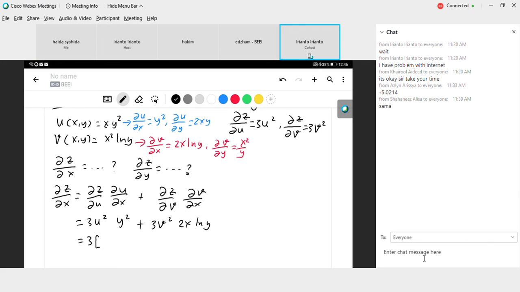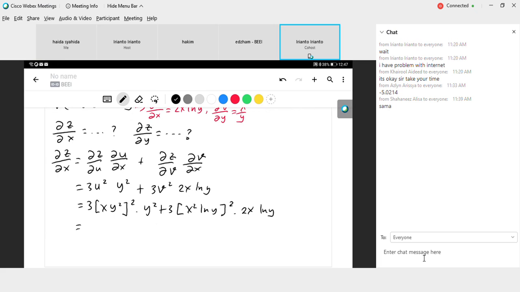So 3 multiplied with u, which is xy squared, multiplied with y squared, plus 3 multiplied with v, which is x squared ln y squared, multiplied with 2x ln y.